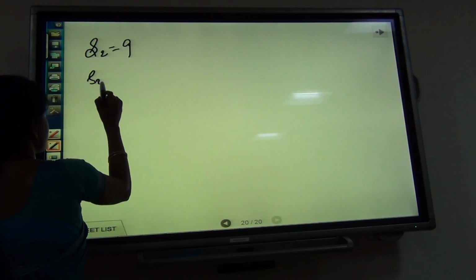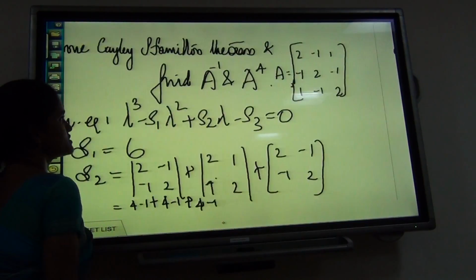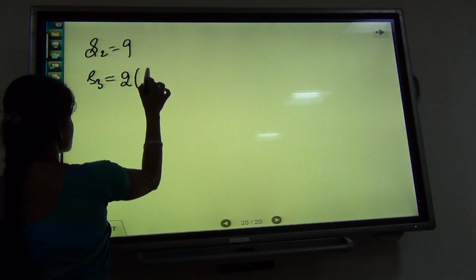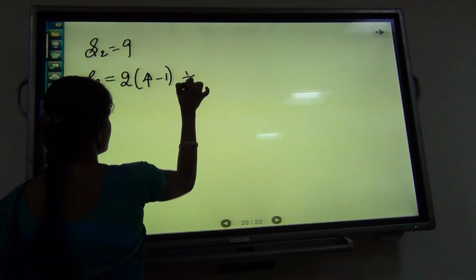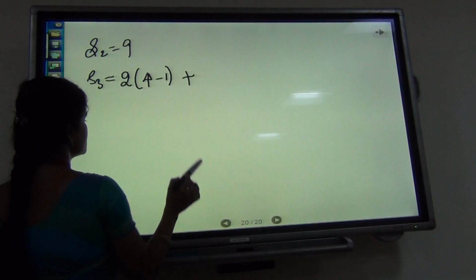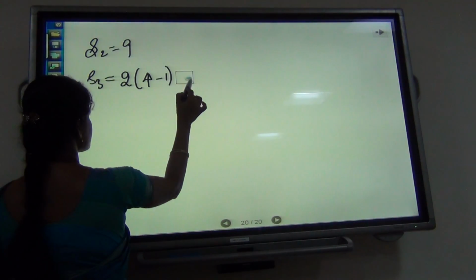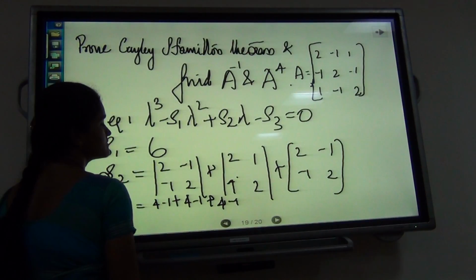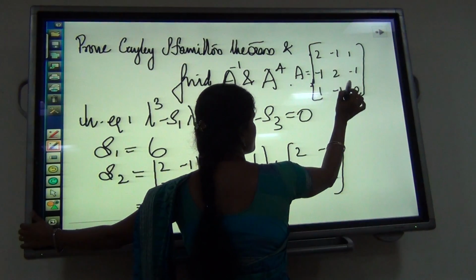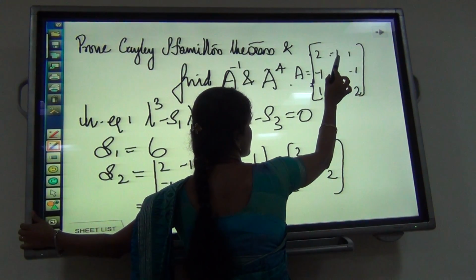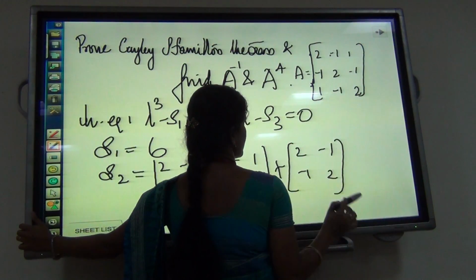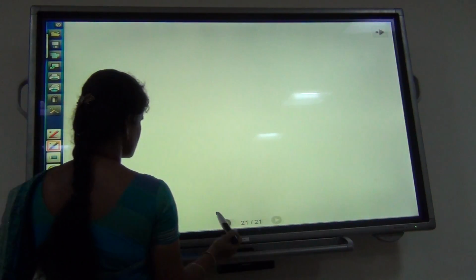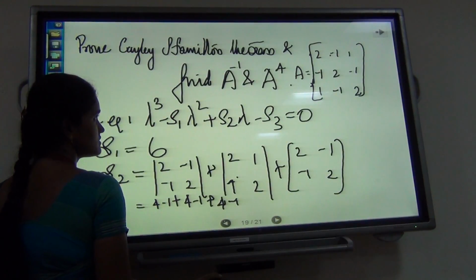So let us also find S3, that is the determinant of the matrix. 2 into (4 minus 1), plus, it's going to be minus, minus 1 into (minus 2 minus 1), then the minus sign already there, so minus into minus gives plus.